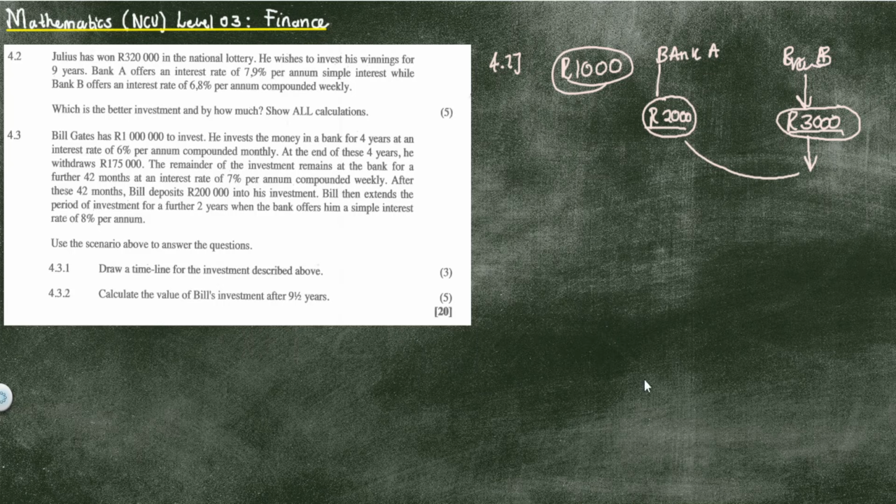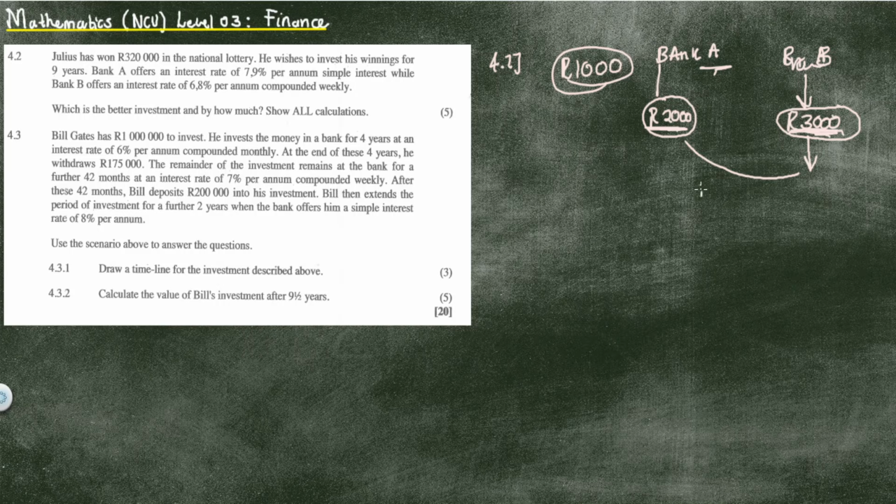So the last question is by how much? By how much is the investment better, right? We can see that Bank A offers a 2,000 rand investment yield, and Bank B an investment yield of 3,000 rand.